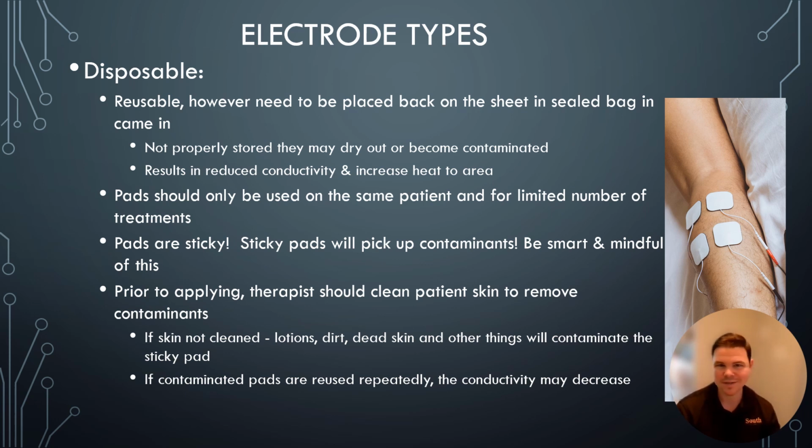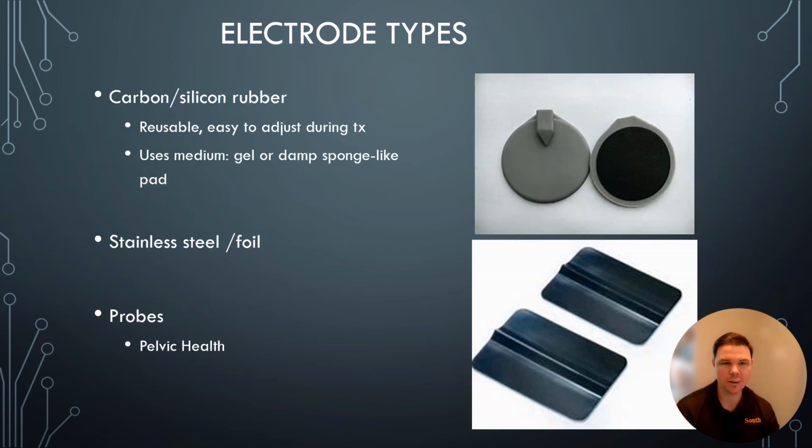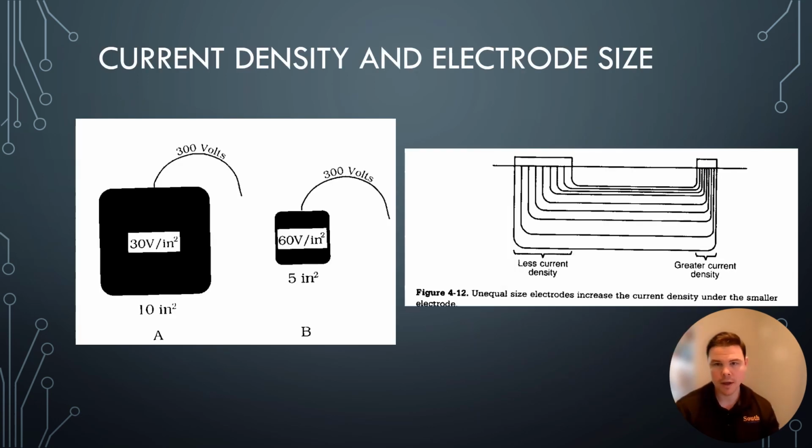Types of electrodes, just know that there are disposable types. There are also non-disposables that can be in the form of foil or carbon, rubber, or whatever. Understand that current density changes with electrode size, like we talked about. Here is 300 volts being delivered equally across two different pads. This pad is larger, at 10 inches squared. This pad is smaller.